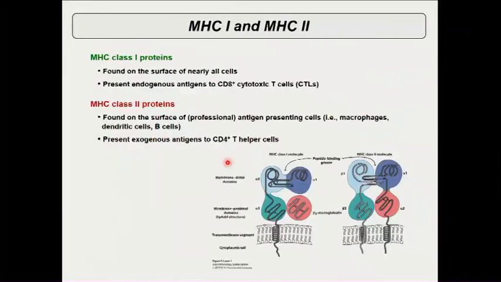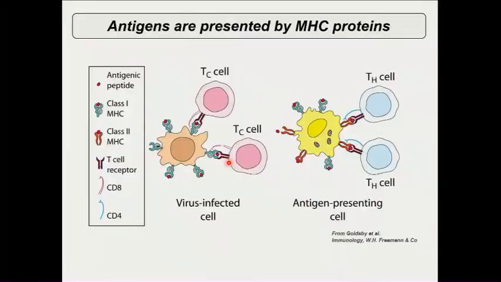So just to clarify on the previous slide, with the antigen-presenting cells, the T helper cells come in contact with it. They don't kill it, of course, but then they go away and encourage the cytotoxic T cells to multiply, and that's also to kill the virus-infected cells.